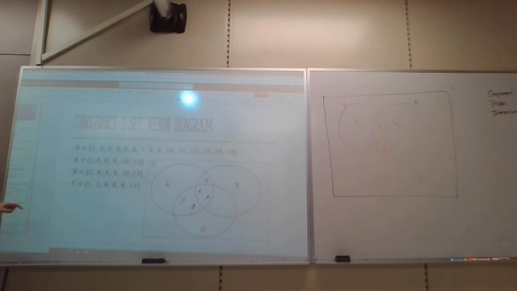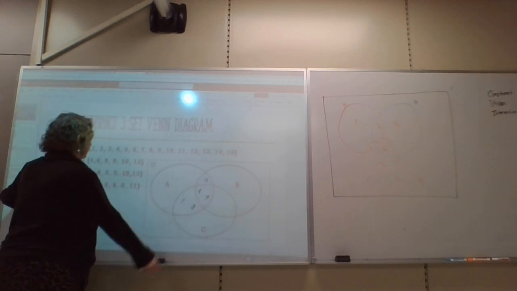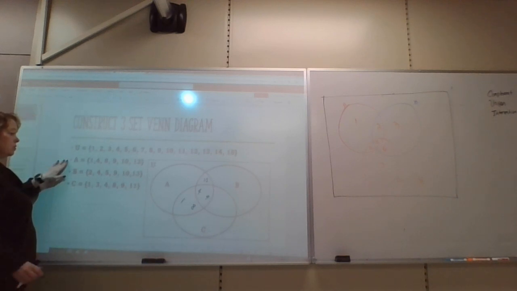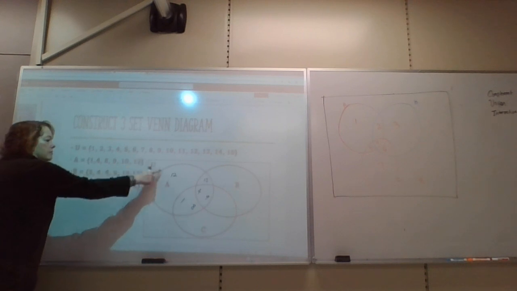Next, we're going to look at just A. Tell me what's in A, and don't include 1, 4, 8, 9, 10. 12. So you put the 12 here.